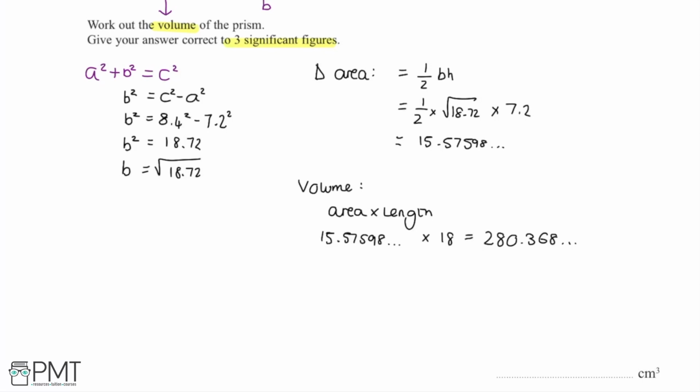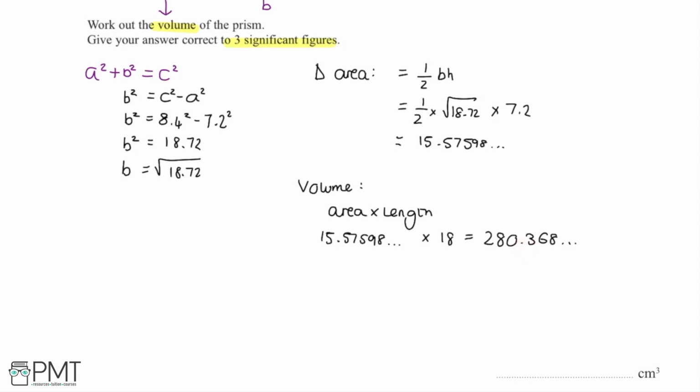However, I now need to refer back to the question and see that it wants my answer correct to three significant figures. If I look at the first significant figure, we have the 2, then the 8, and then the 0 is the third. Because the 0 is in the centre of the number, it's not the first digit here, it's the third one, so that's going to be the third significant figure. So then I look to the fourth significant figure to see whether I round up or round down for the 0.